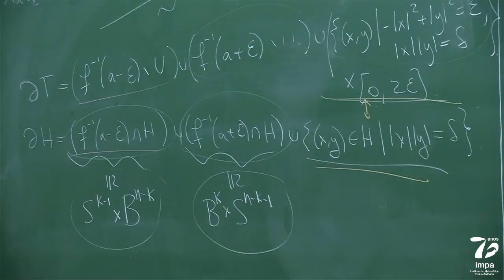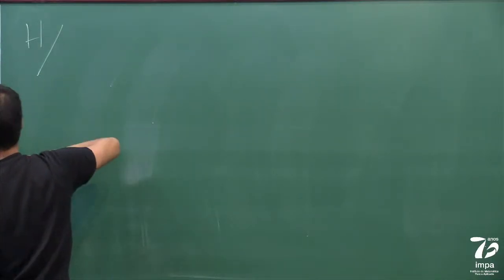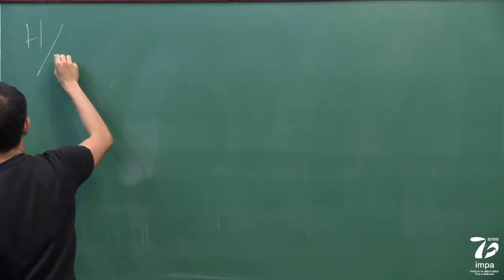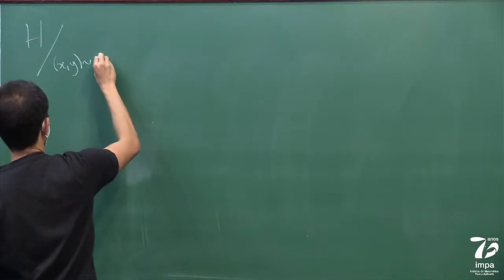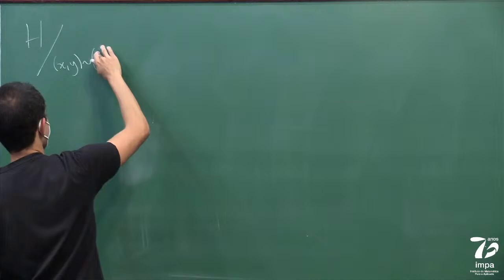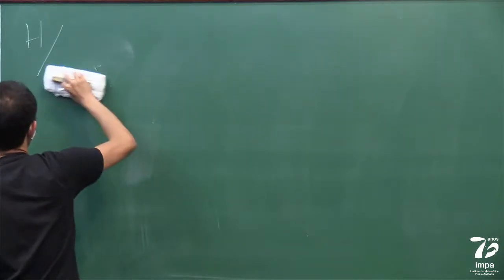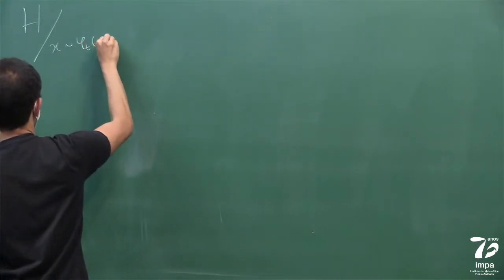So if you take that decomposition there, now you take your h and you quotient by, let me write it like this. Well, let me just say I'm quotienting x by phi t of x.